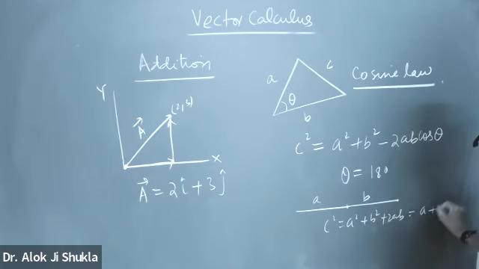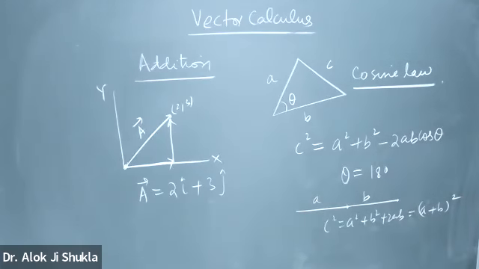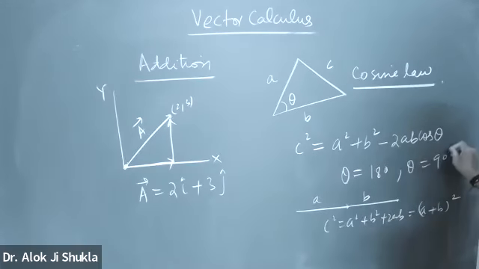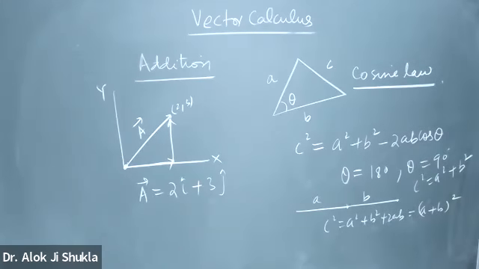So it will become A plus B whole square. So C will become A plus B as it should be. And if theta becomes 90, C square becomes A square plus B square, which is the Pythagoras theorem. So Pythagoras theorem is just a special case of this. So addition is clear.